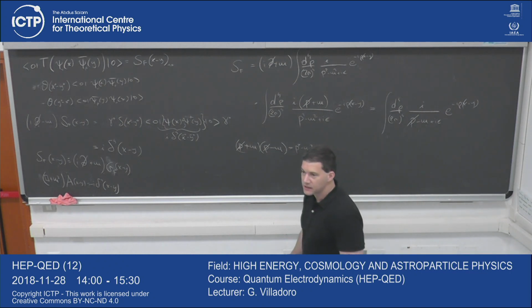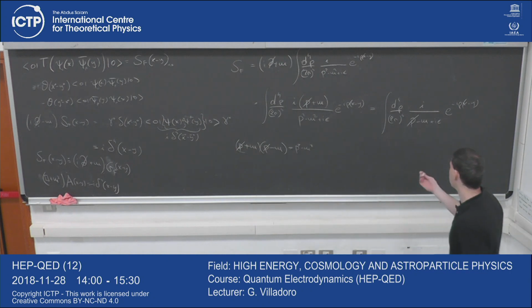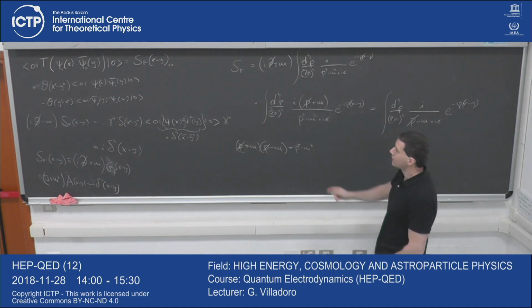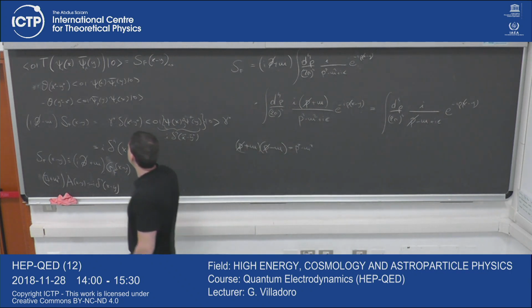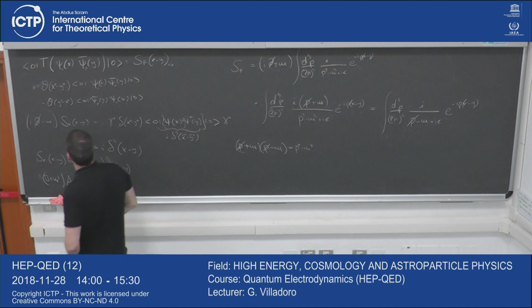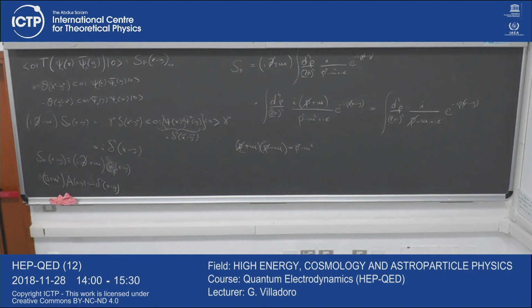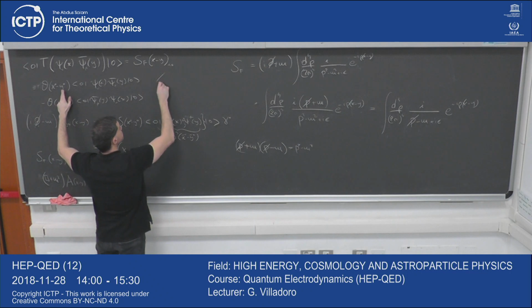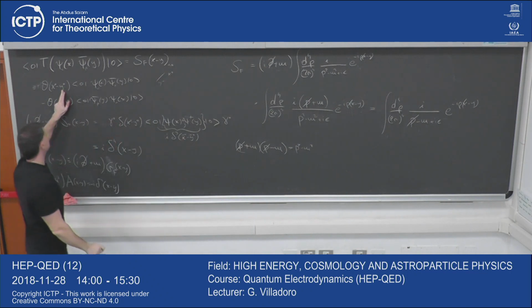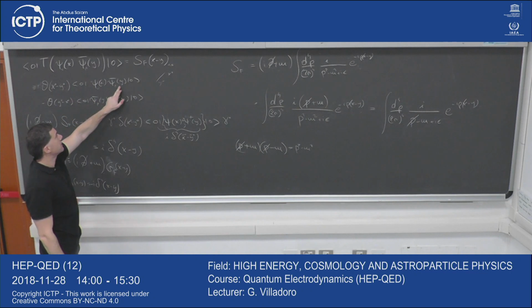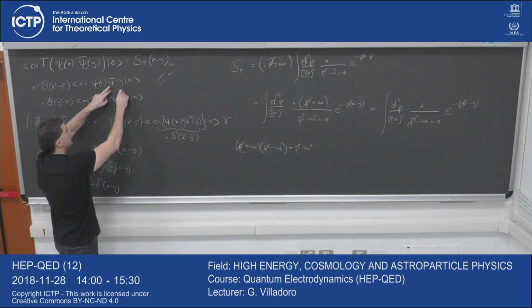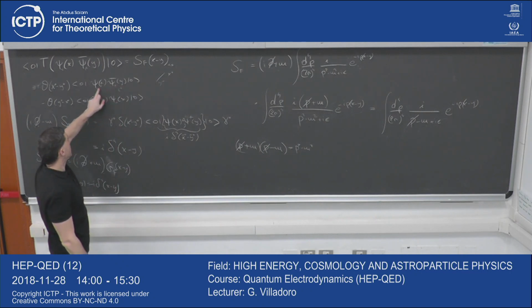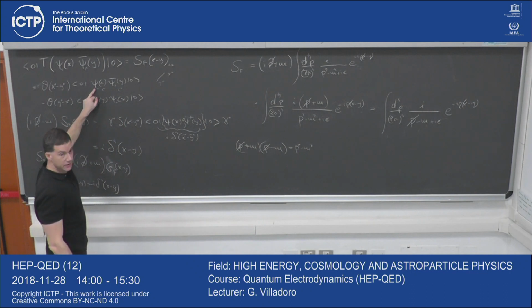Like for the complex scalar field, you can associate some pseudo interpretation of this two-point function as creating a particle at one point and annihilating it at the other point, when x naught is in the future and y naught is in the past. Then from the vacuum you first create a particle using the c dagger inside here, and you annihilate it using the c here.